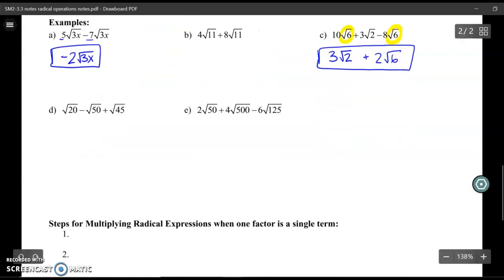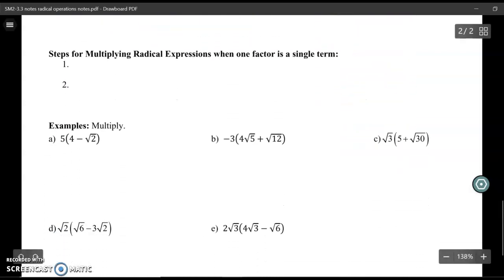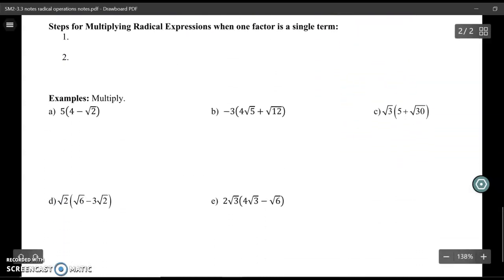Okay. Let's jump down really fast and talk about multiplying radical expressions when one factor is a single term. So we already kind of talked about how to multiply radicals. This is just going to get a little bit more interesting, where I'm going to have, like in these examples down here, a set of parentheses that have some radicals in them, and then I just have a number out front.